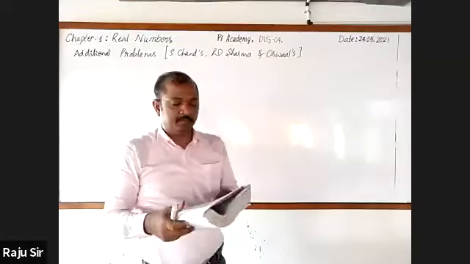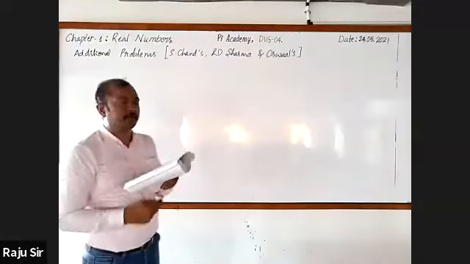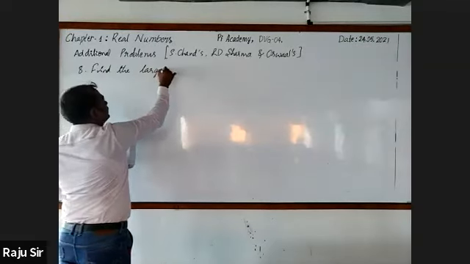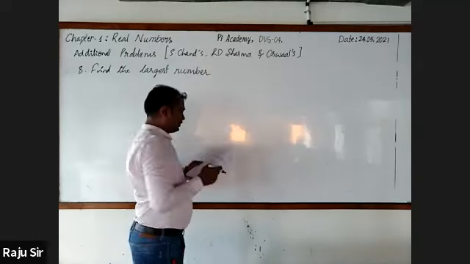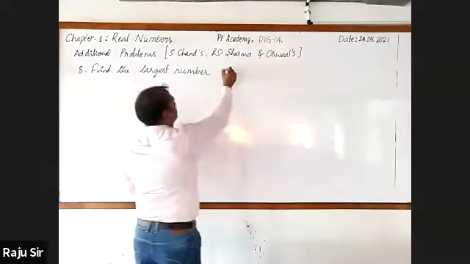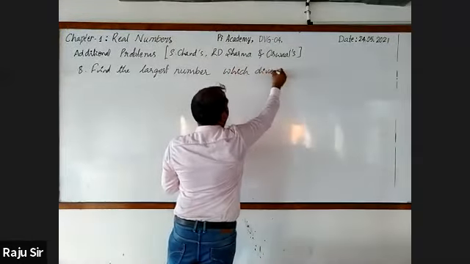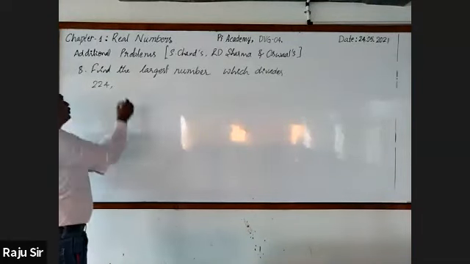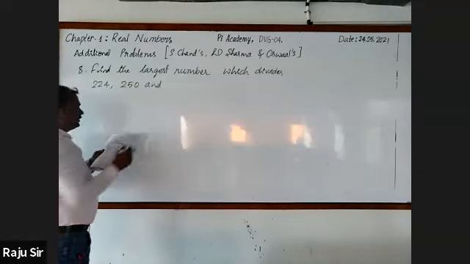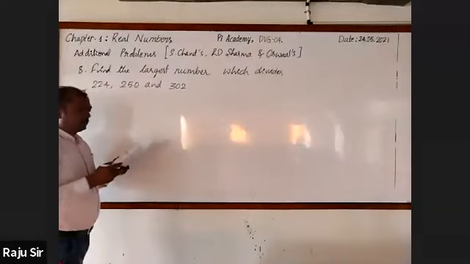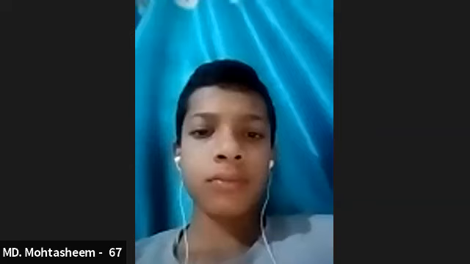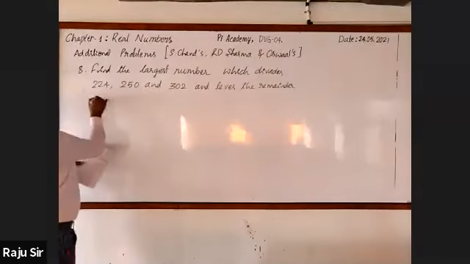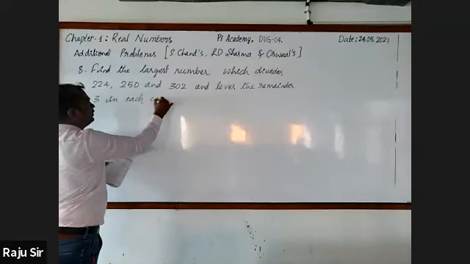Find the largest number which divides 224, 250 and 302 and leaves the remainder 3 in each case.